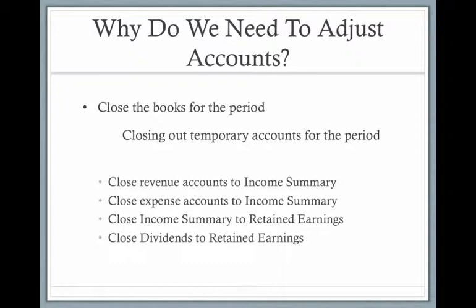Step number 2 says, let's zero out the expense accounts to the income summary. Expense accounts on the income statement have normal balances that are debits. So if we have a debit balance in our expense account, in order to zero it out, we'd have to do a corresponding credit, and the corresponding debit to that credit entry would be to income summary.